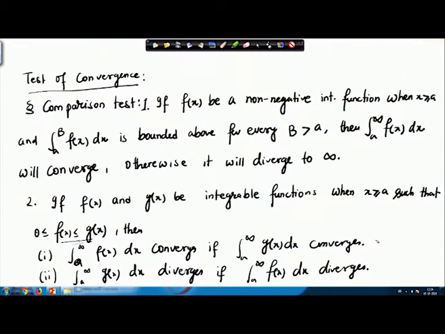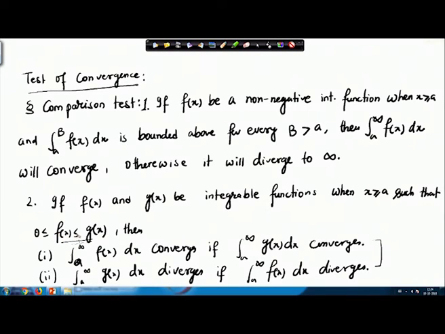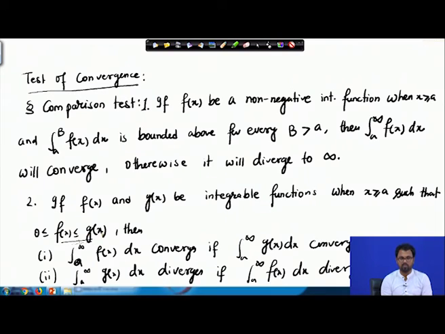So these are the two comparison tests in a way, where you compare the integral of f(x) with the integral of g(x) in this fashion. You have to make sure whether f(x) is less than or equal to g(x) or not.